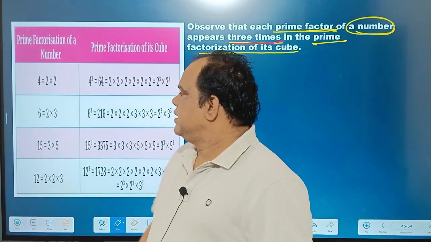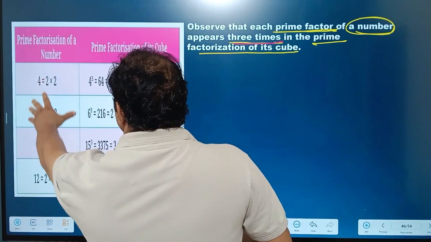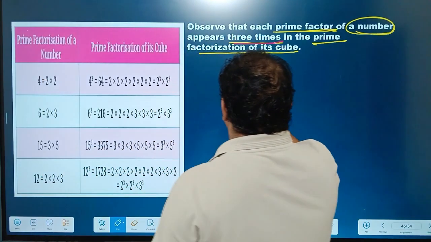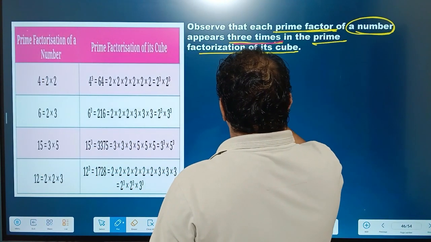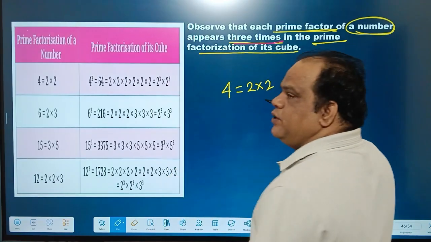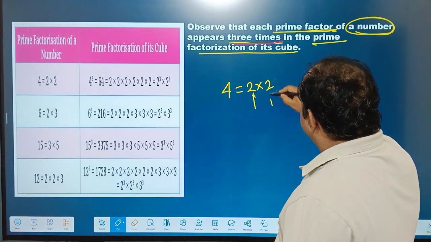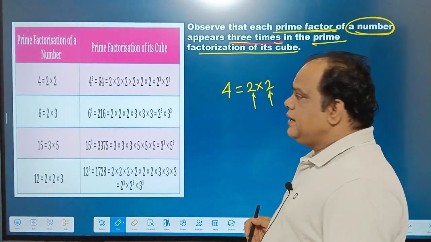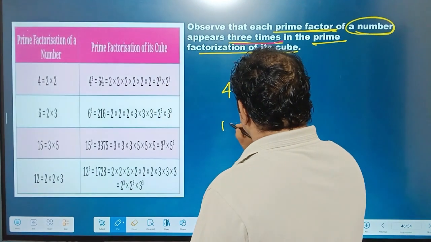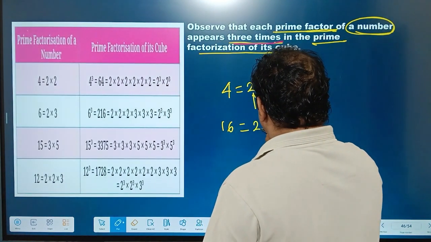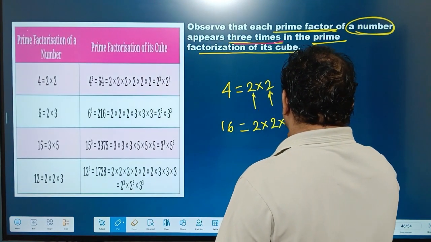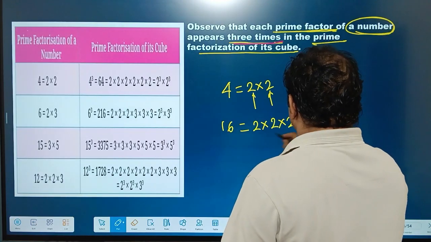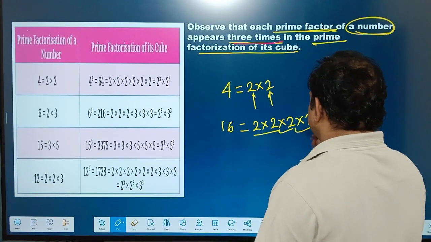times. Okay, so if we see here, these are basically the prime factorization of a number. Let's say 4 is 2 into 2. So 2, we know, is the lowest prime number, right? If we take 16 also, what would it be? 2 into 2 into 2 into 2. 2 twos are 4, 4 twos are 8, 8 twos are 16.